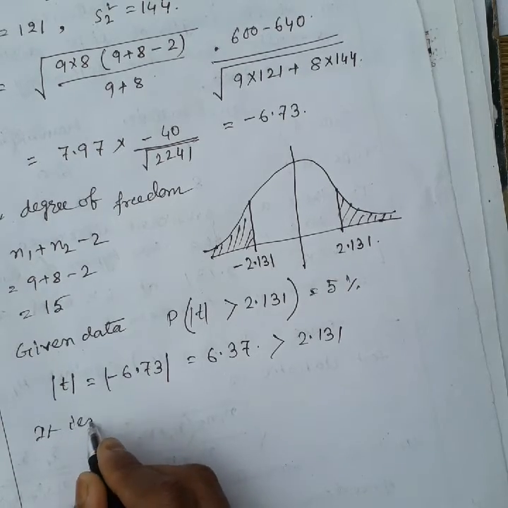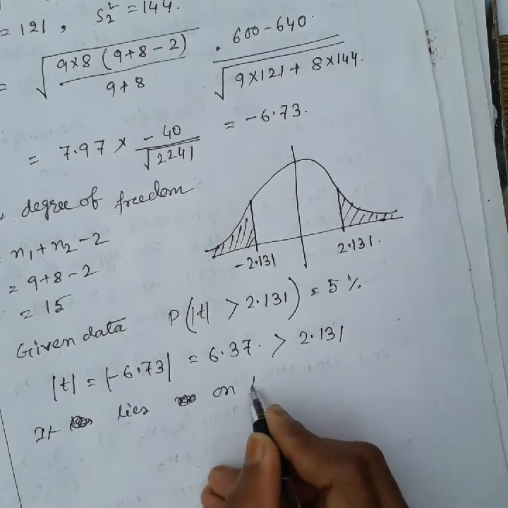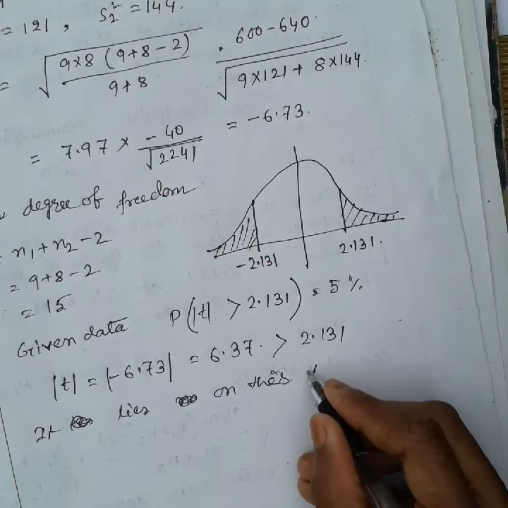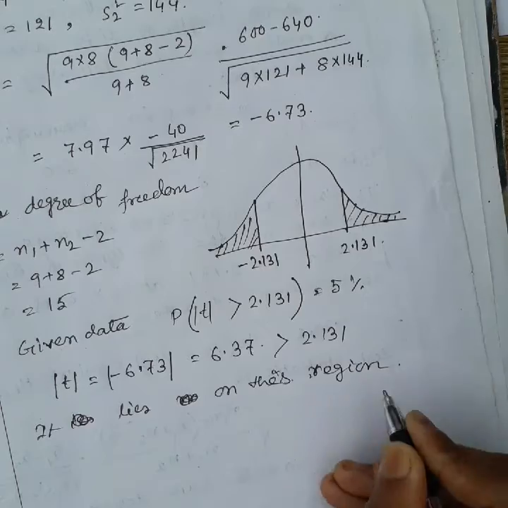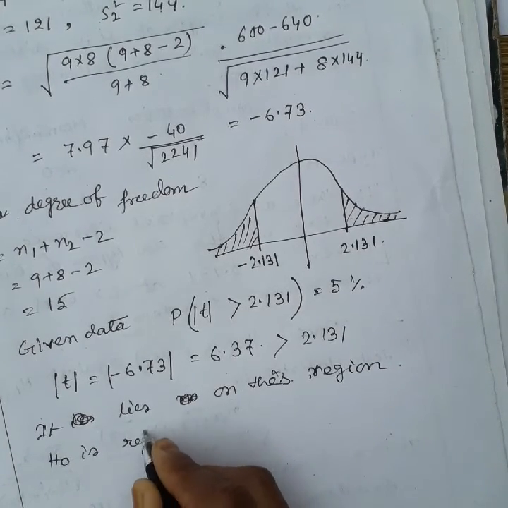So it lies in the CR, in this region. So H0 is rejected.